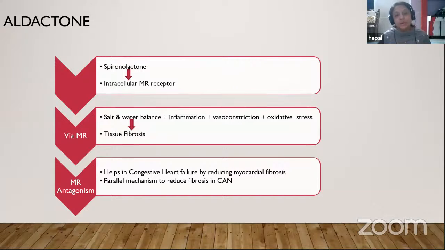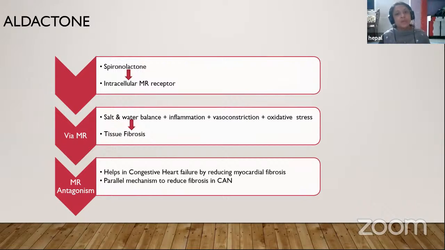Spironolactone acts on the intracellular mineralocorticoid receptor and blocks it. What does this mineralocorticoid receptor do? It has a salt and water balance role plus inflammation, vasoconstriction, and oxidative stress roles, and that predisposes to tissue fibrosis. Blocking this receptor helps in reducing the fibrosis.